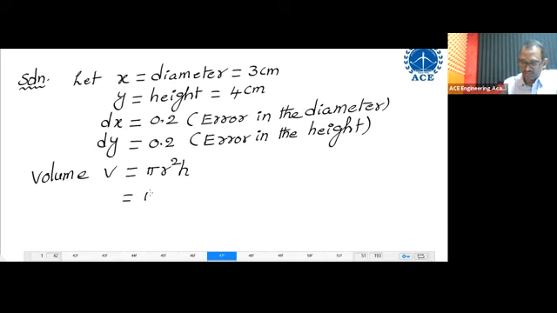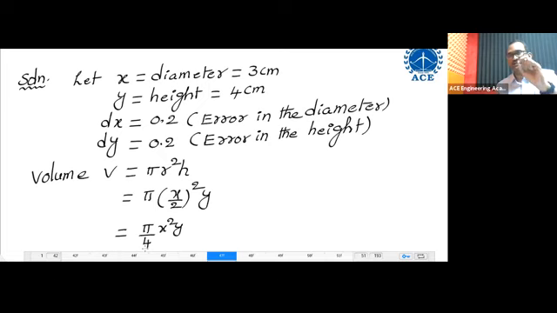Do you know r means radius? Radius means diameter by 2. X is the diameter, so radius is x by 2. Height is y. So this is pi x square y by 4. See, volume is V.